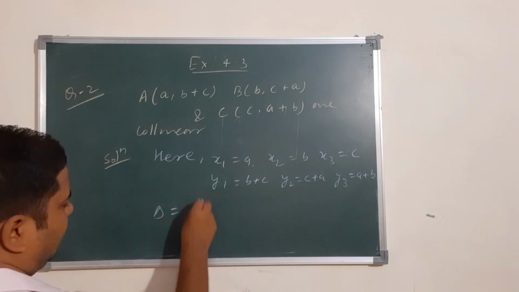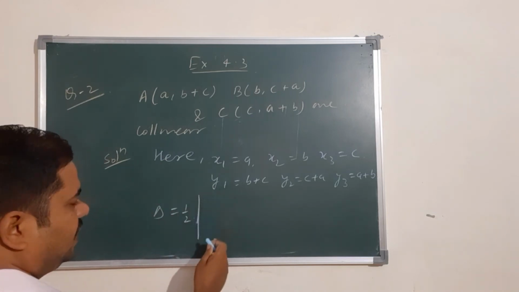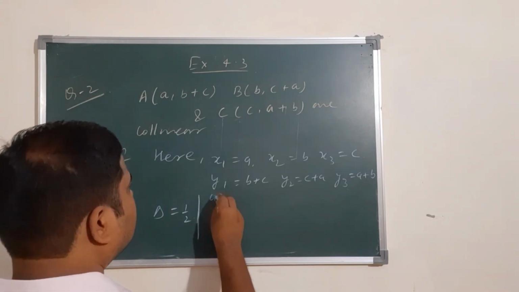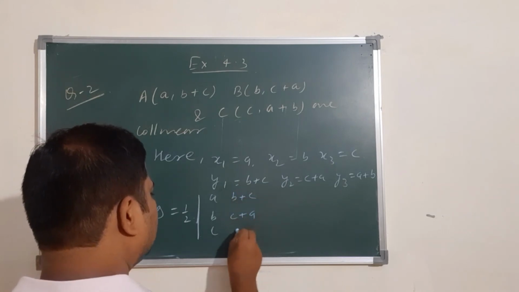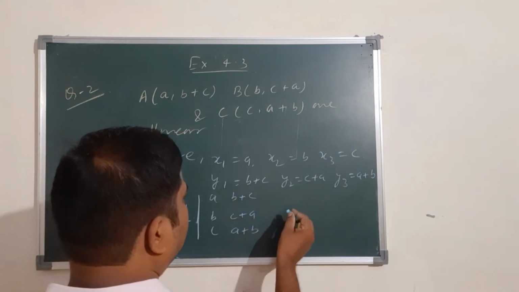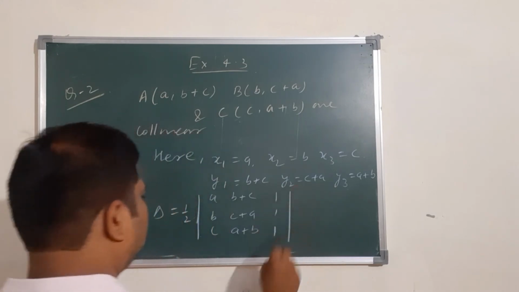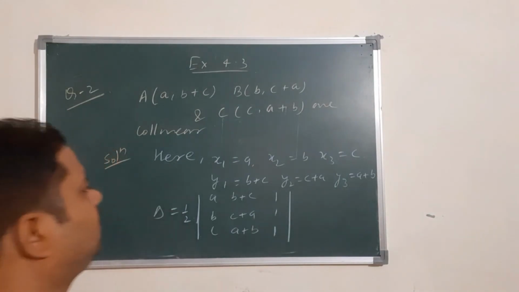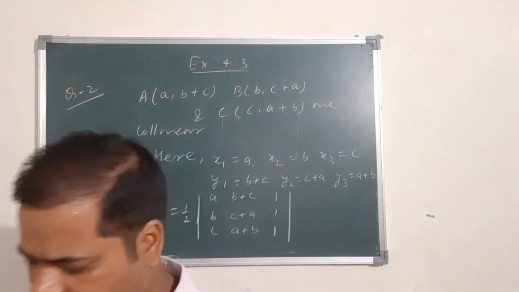So the area of the triangle is 1/2 times the determinant with rows a, b+c, 1; b, c+a, 1; c, a+b, 1. If these points are collinear, then the area of the triangle must be 0.